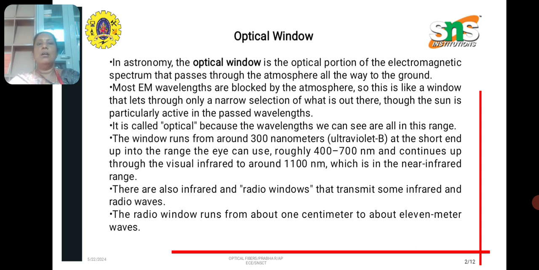So there are also infrared and radio windows that transmit some infrared and also the radio waves. The radio window runs from about 1 centimeter to about 11 meter waves.